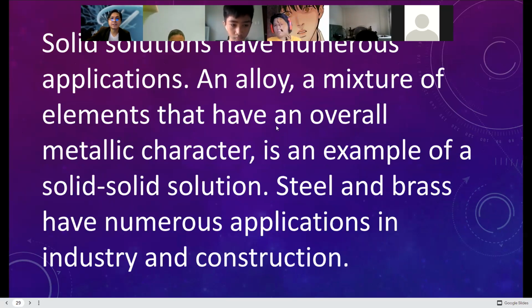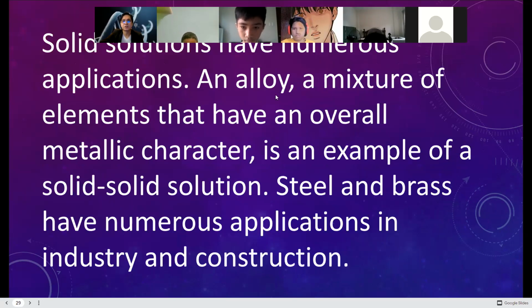Solid solutions have numerous applications. An alloy, a mixture of elements that have overall metallic character, is an example of a solid-solid solution. Your aluminum alloy, aluminum and iron, those are solid-solid solutions.